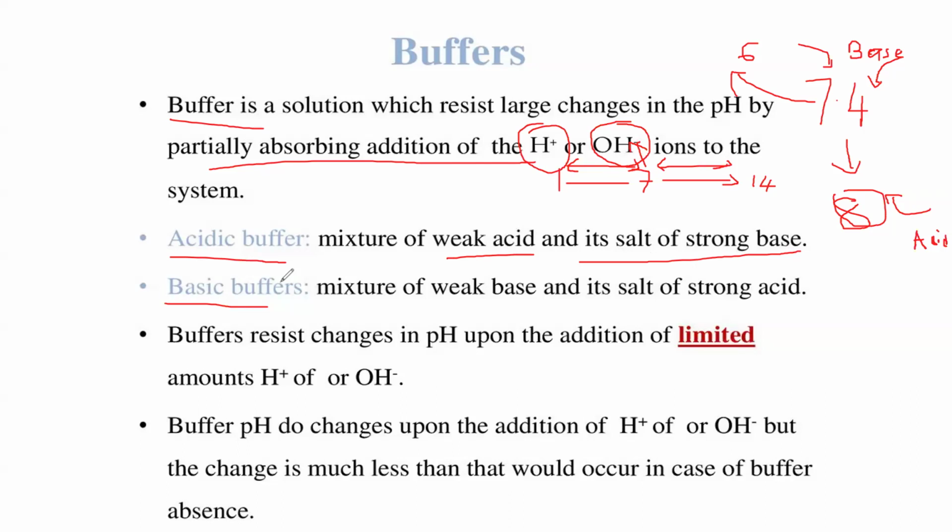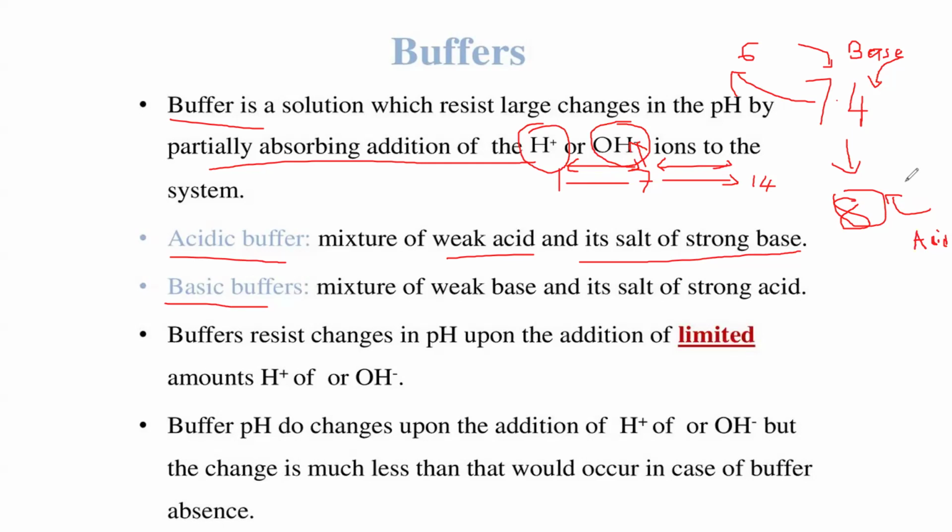So in what situation do we use an acidic buffer and in what situation do we use a basic buffer? We use an acidic buffer if we are trying to bring the pH down, not up. And we use a basic buffer if we want to increase the pH. As I said, the pH of saliva is 7.4. If it goes down, it means you want to increase the pH, so you use a basic buffer.